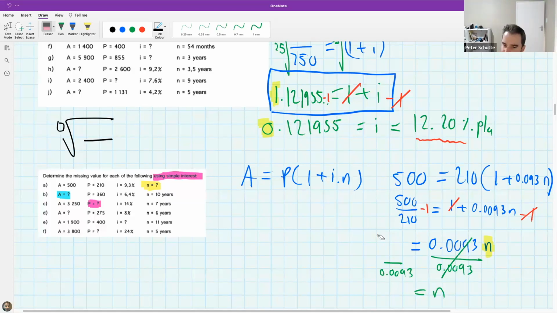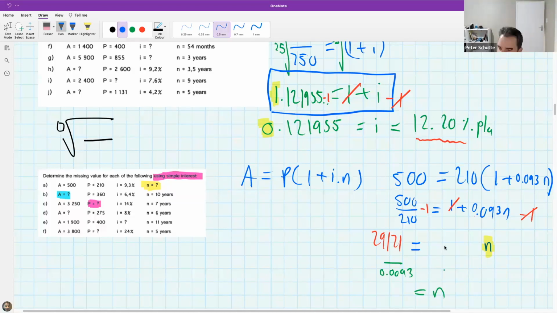I get 29 and 21. Now, where did I get the 0.093? And that also is a mistake. Apologies, guys. Yep. So you get 0.93n. And can you see how easy it is to make a little mistake?